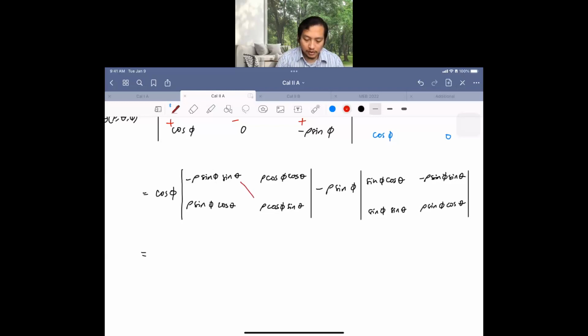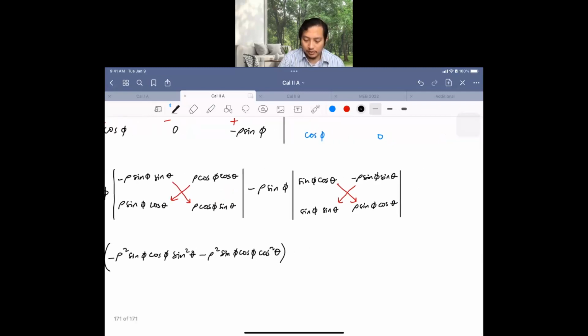So cross multiply. Cos phi is negative rho squared sine phi cos phi sine squared theta, and then minus rho squared sine phi cos phi cos squared theta.